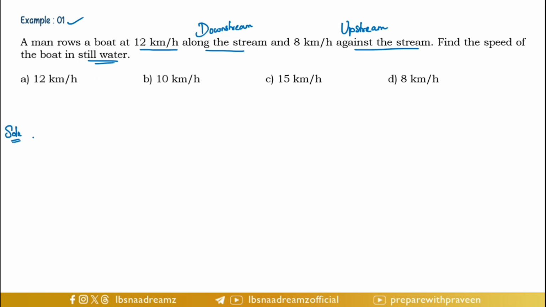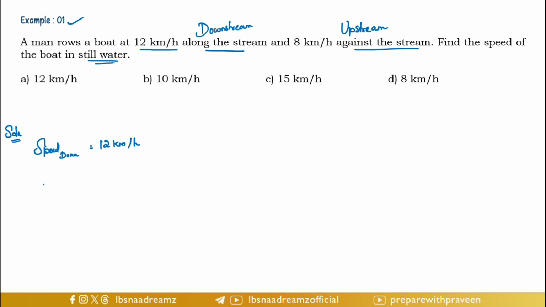So downstream speed is equal to 12 km per hour.